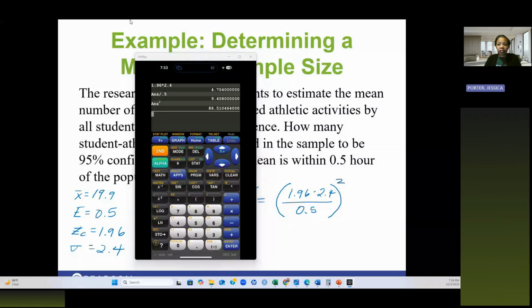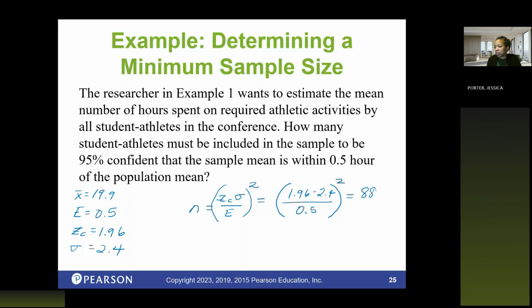Did anybody get that? 88.51. And we're going to round up to the nearest whole number, so that means 89 is the number we're going to look for.